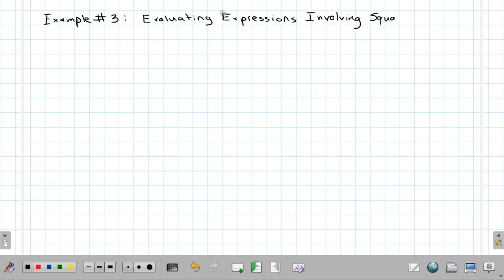Okay, so we're going to be evaluating expressions just like we've done before, except the new thing we're adding this time, instead of exponents, we're going to have square roots, okay? So what we're asked to do here is evaluate each one of these expressions. And the first expression we're asked to evaluate is 5 times the square root of 36 plus 7.